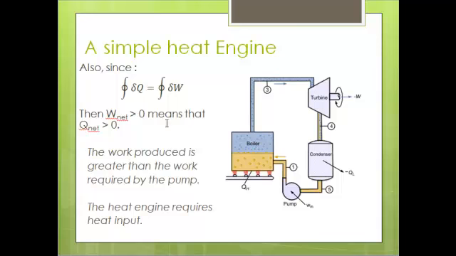So, kind of a summary here, my net work is going to be positive, so my net heat transfer is positive. The work produced is greater than the work required by the pump, but it's also going to require a net heat input because I'm going to produce power. So these things are all going to be really significant and important things that define a heat engine.